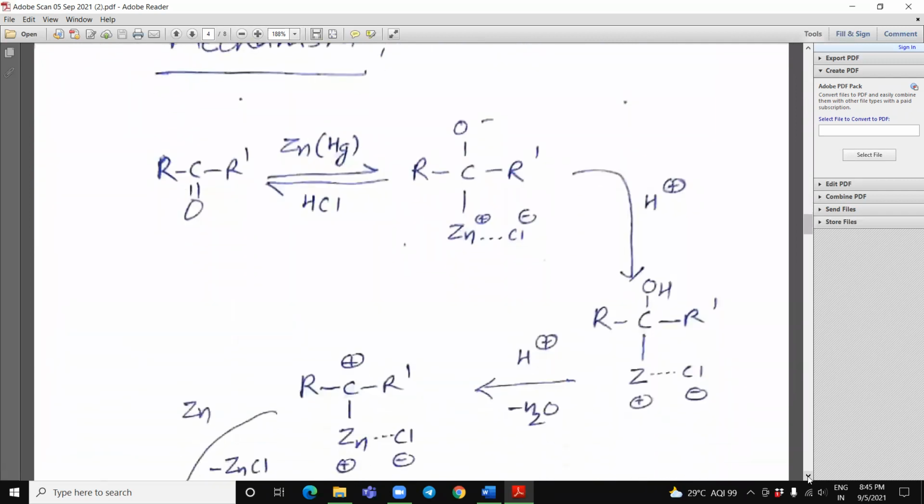Mechanism. See here how the ketone is reduced. This is zinc.